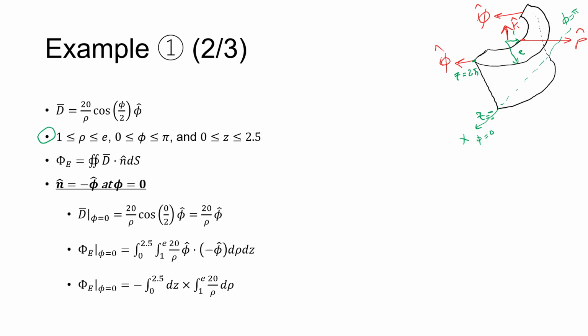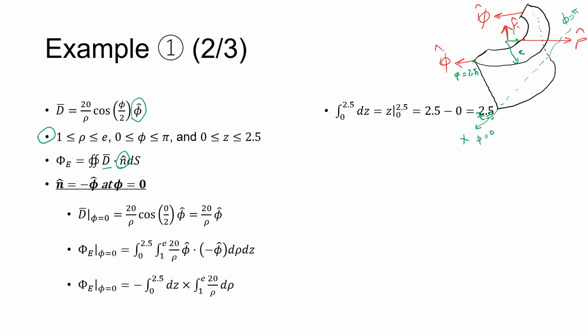Now we have drawn the surface itself. We need to care what we are given here. We are given phi component only. We don't have either z component or a rho component. So surfaces where rho is perpendicular, we don't care about, because at the end we are calculating D dot n dS, so n is our perpendicular or our normal vector.